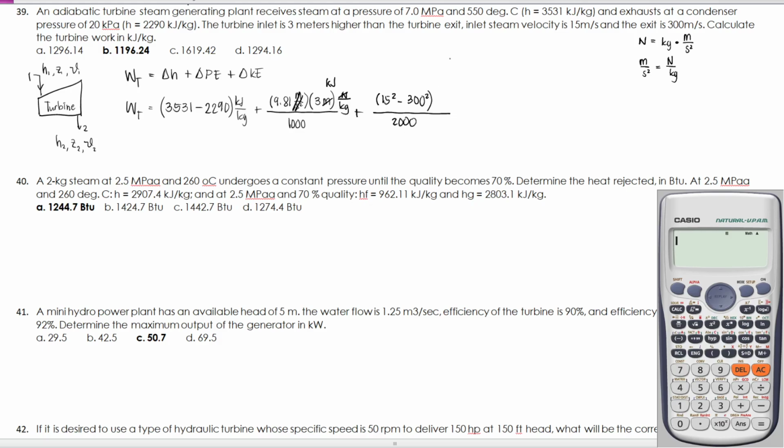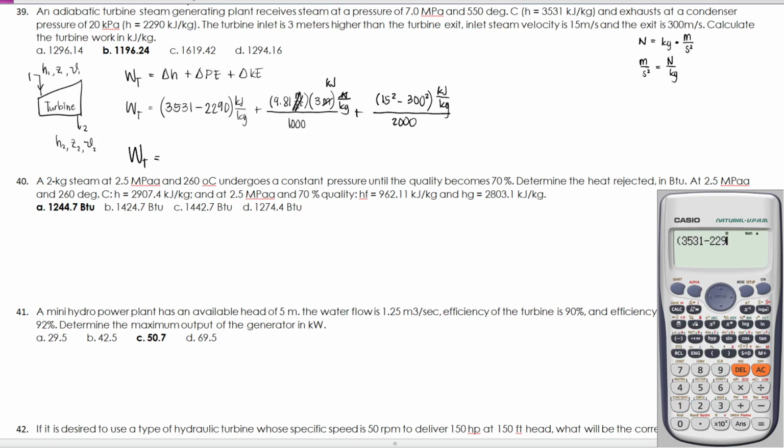Okay, so dinidivide ko na rin sa 1,000. Bakit? Para nga, ang unit niya is maging kilojoules per kilogram na din agad. Okay? Ayan, para maging kilo na agad ang unit natin dito. Then, calculate lang natin at makuha natin ang work ng turbine in kilojoules per kilogram.